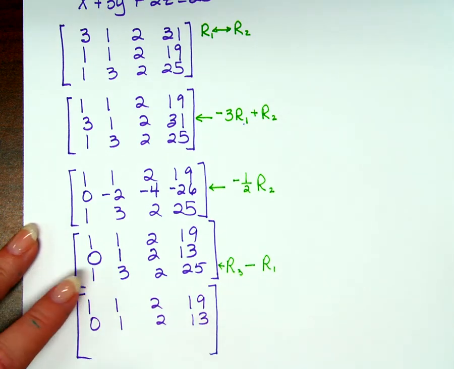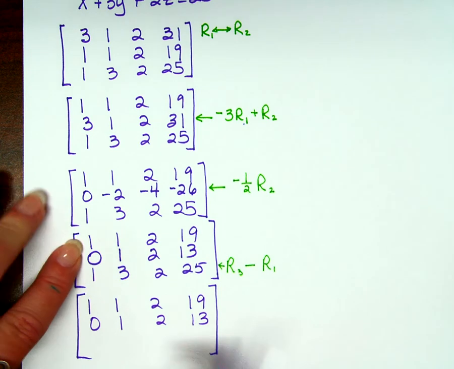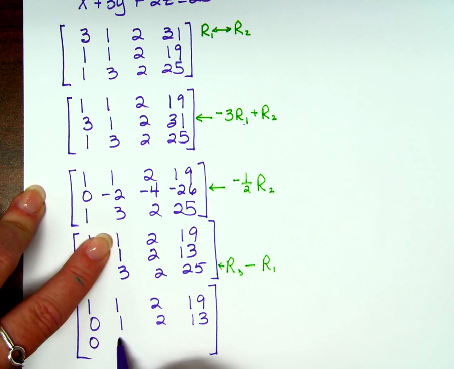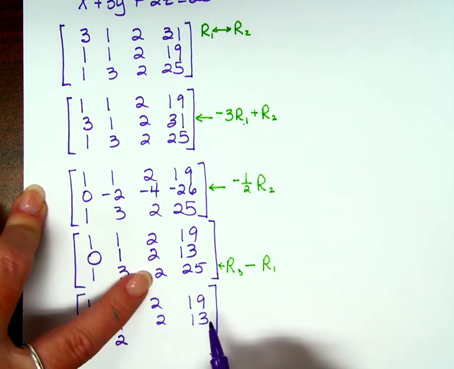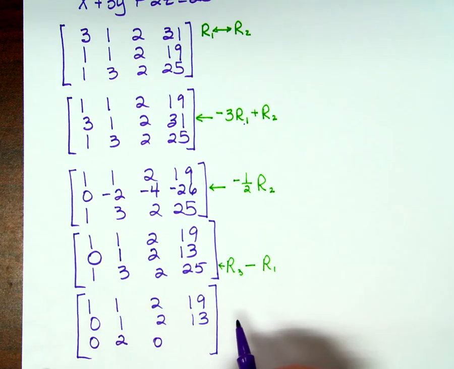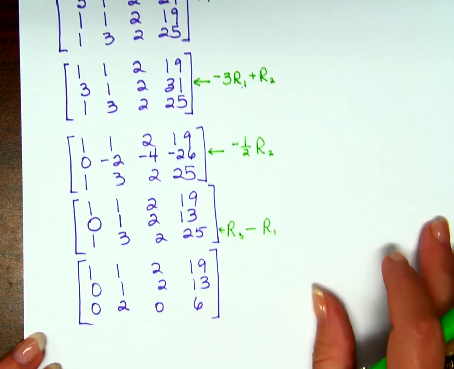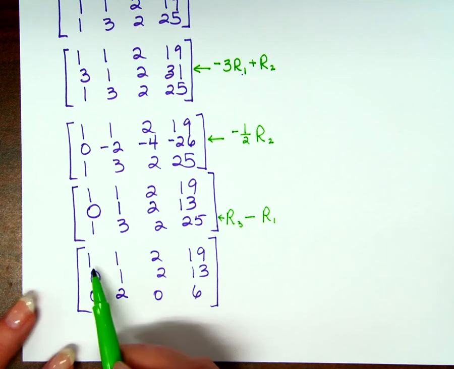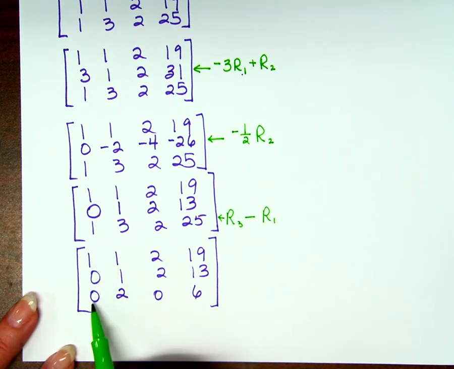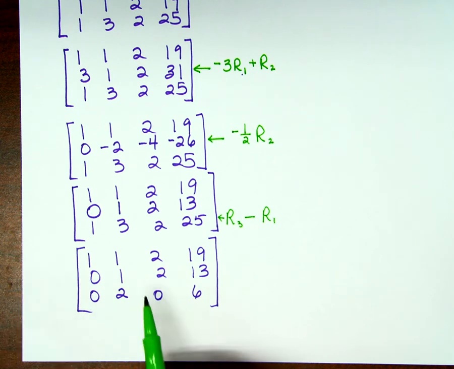To get row 3, we're going to say 1 minus 1. 3 minus 1. 2. 2 minus 2. 0. 25 minus 19. 6. This is what I need. I still need to fix these 2, don't I? Okay.